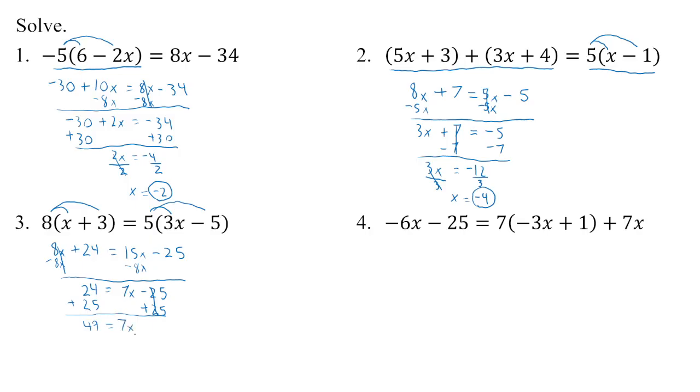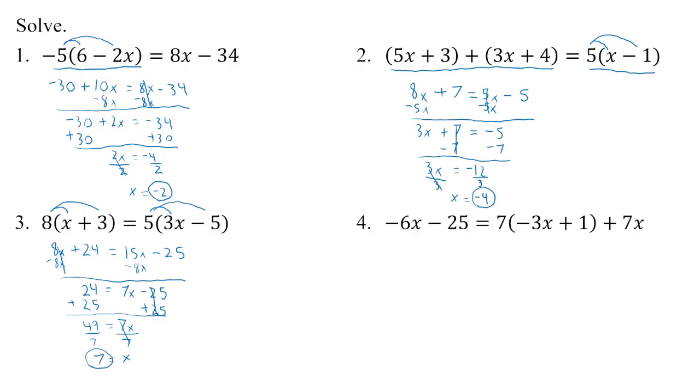Bring down your 7x. Then we divide this side by 7 and this side by 7. 49 divided by 7 is 7. Bring down the x. And therefore, the solution is 7.